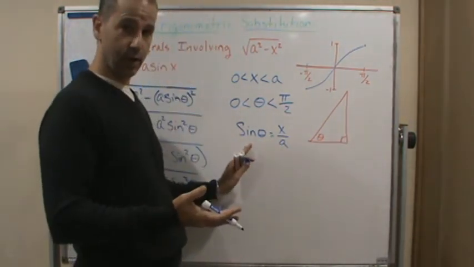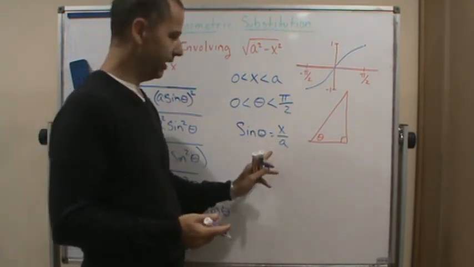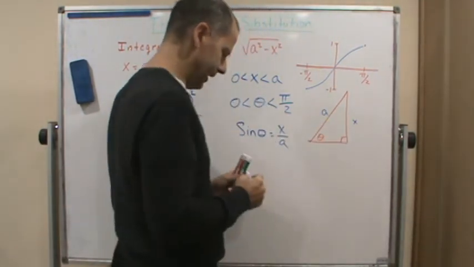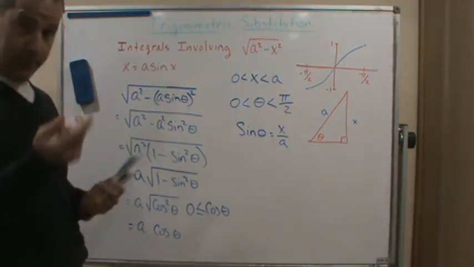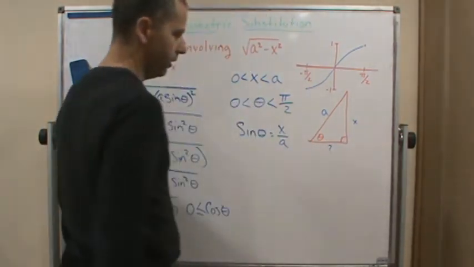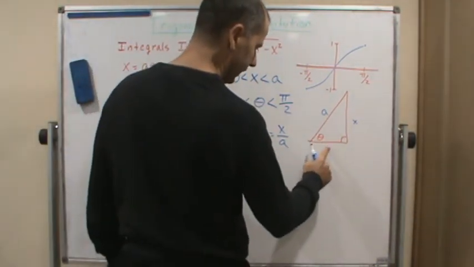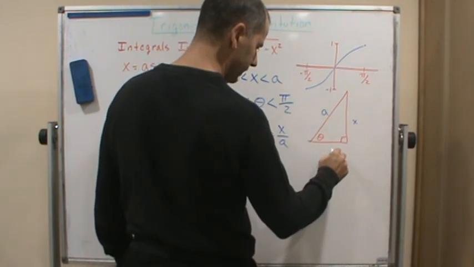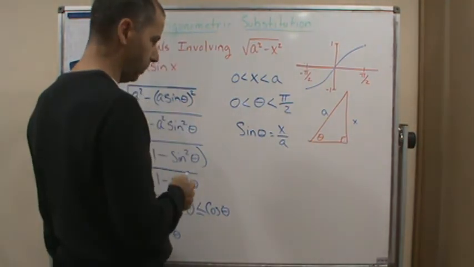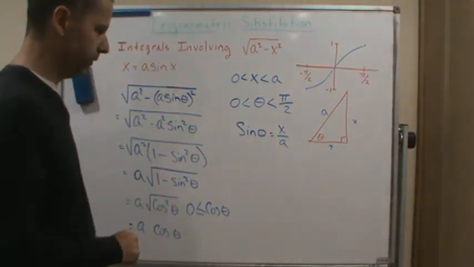Remember, the definition of sine theta is opposite over hypotenuse. So that's one of the reasons why we write it this way, so we can see that the opposite is x and our hypotenuse is a. And if you use the Pythagorean theorem, we have to fill in the question mark. Let's just make it a question mark, so we've got to figure out what it is.